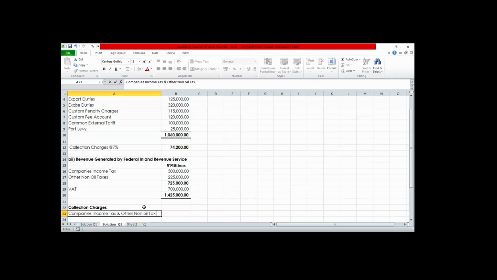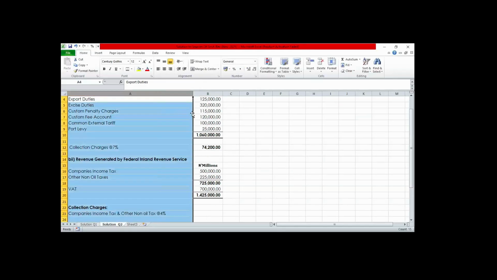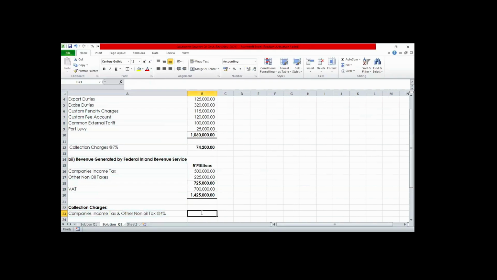That's at what? 4%, not 30. You hear me? Now, this will now be 4% times the addition of company income tax and other non-oil taxes.